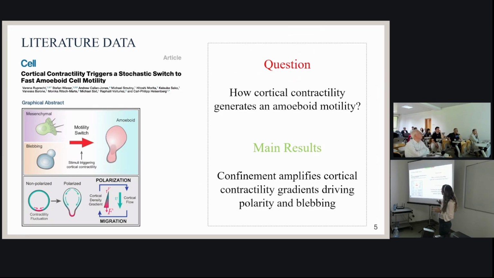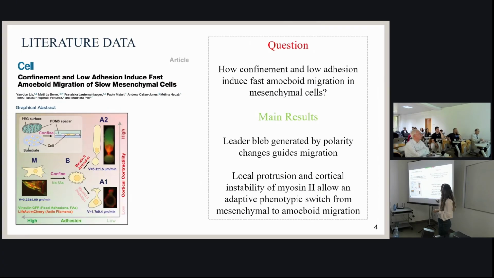The main result they obtained was that when the cells are in confinement, it amplifies the cortical contractility gradient, and this drives polarity in the cell and then blebbing. Very interestingly, in the same year, in the same journal, in the same issue, another work was published saying that this type of migration depends on a switch of the phenotype of the cells from mesenchymal to amoeboid.